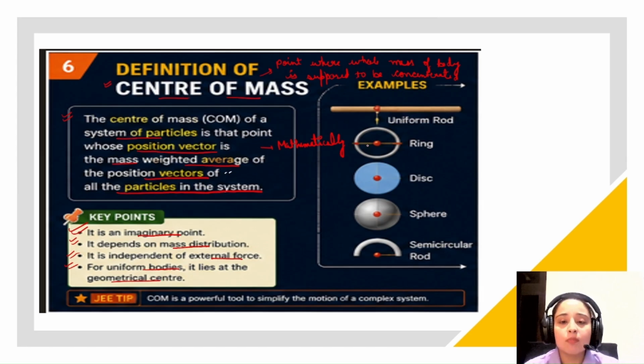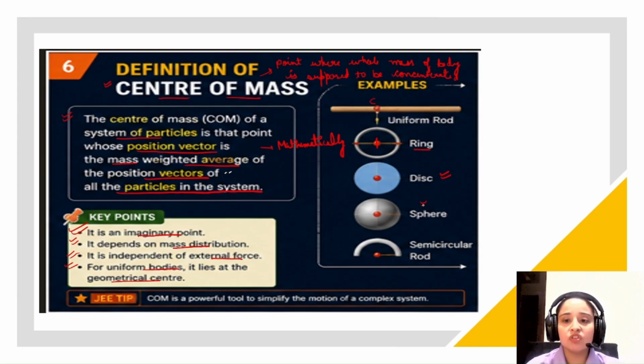You see, this is a uniform rod. For a uniform rod, it will lie at the center of the rod. Even if you have a ring, the center of the ring will be the center of mass, because this is a uniform ring. If you consider a uniform disk, the center of mass is at the center of the disk.